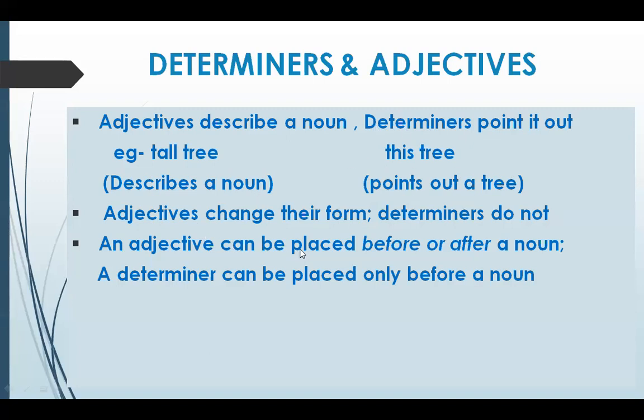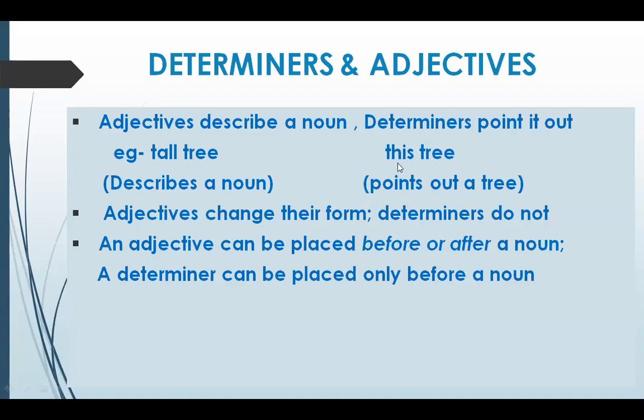And an adjective can be placed before or after a noun. As for example, the mangoes are sweet. I like sweet mangoes. So see the placement, right? An adjective can be placed before a noun or after a noun, but a determiner can only be placed before a noun.